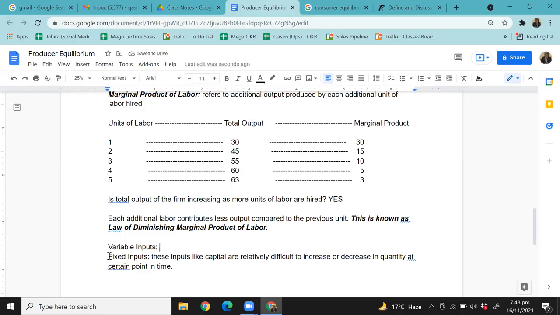For fixed inputs, it's difficult for the business to adjust the quantities of that resource, whereas for variable inputs, it's easier for the business to increase or decrease their quantities, like labor. Did you get this?